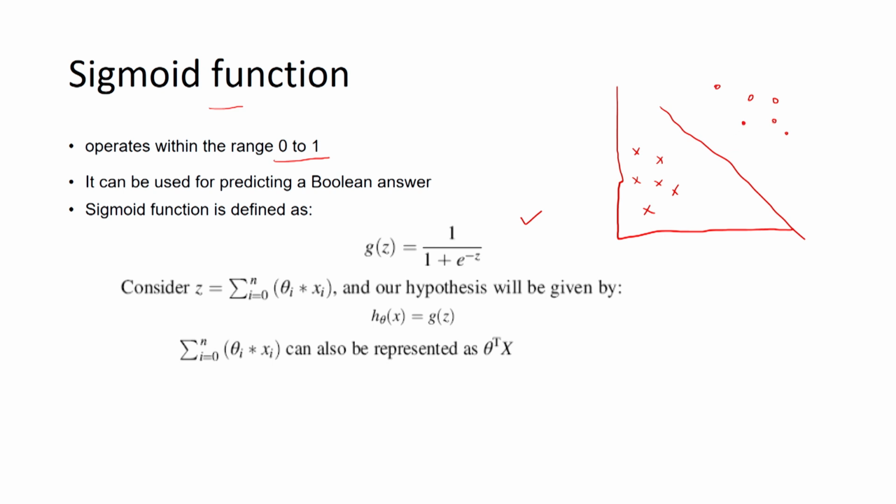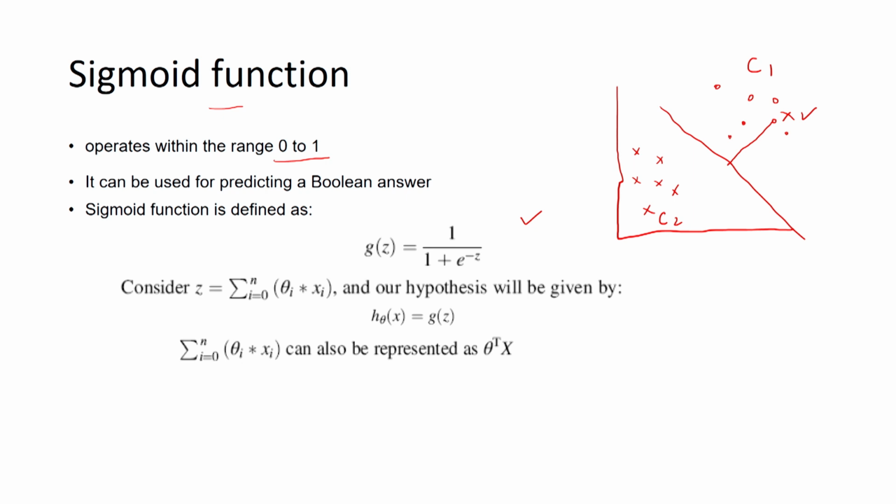Suppose this is the point x and this is the distance of that point x from the boundary line. If this distance is high, then we are more confident that this point belongs to class number 1, and suppose this is class number 2.